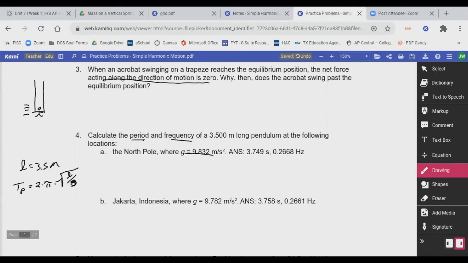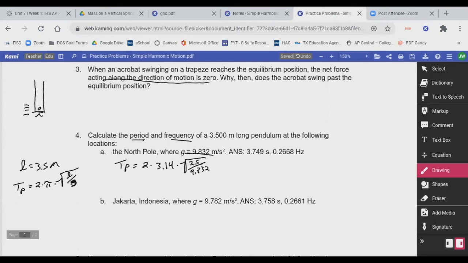If I was to plug this into the equation, then I would say that the period of my pendulum is equal to 2 times 3.14 times the square root of 3.5 divided by, they gave me a number, so I have to use that number, 9.832. Okay, so we need to put that in our calculator. I would do 3.5 divided by 9.832.